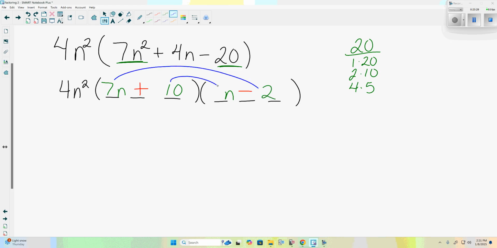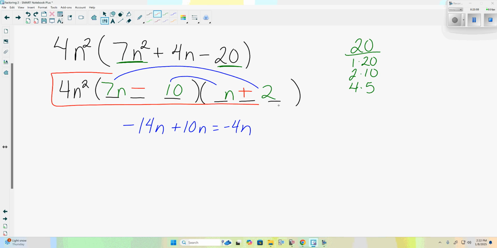Now if we check this here, 7n times negative 2, negative 14n. 10 times n is going to be plus 10n. And negative 14n plus 10n is negative 4n. Since we got the correct number but wrong sign, we just have to swap the sign. And that's it.